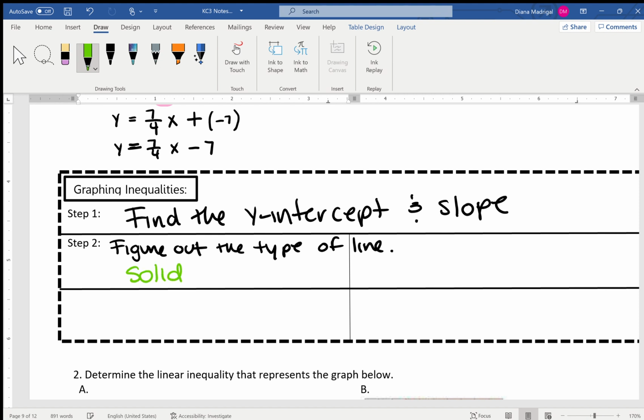Okay, and again, solid means that it's just going to be like this, just a solid line, just how we've been looking at lines over the past however many weeks now. You know it's going to be a solid line when the inequality symbol is going to be greater than or equal to or less than or equal to.